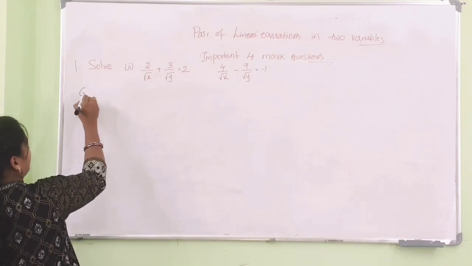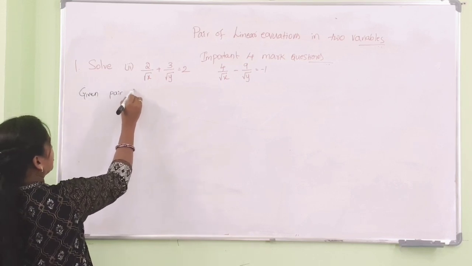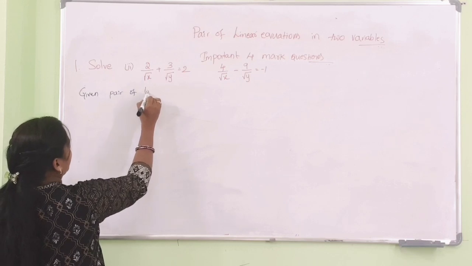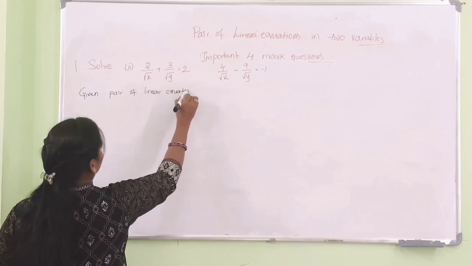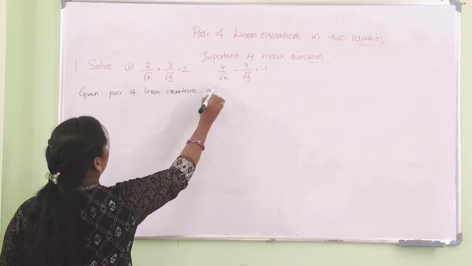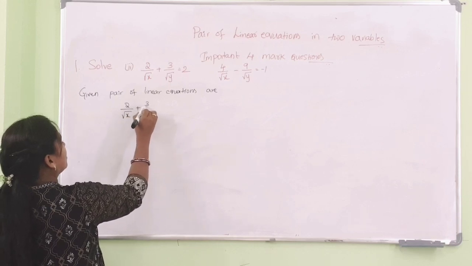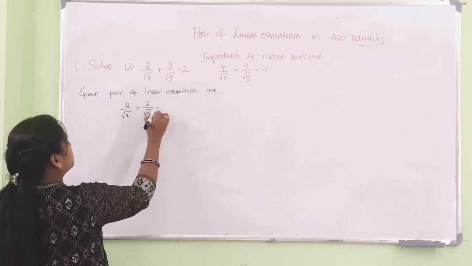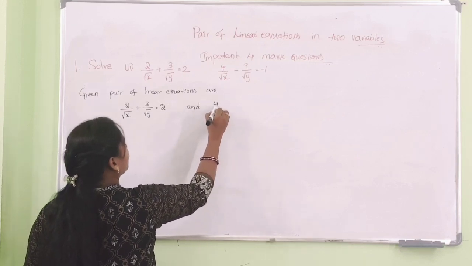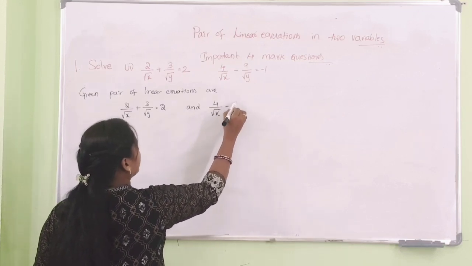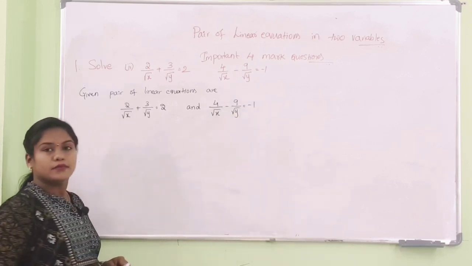So here given pair of equations are 2 by root x plus 3 by root y is equals to 2 and 4 by root x minus 9 by root y is equals to minus 1.